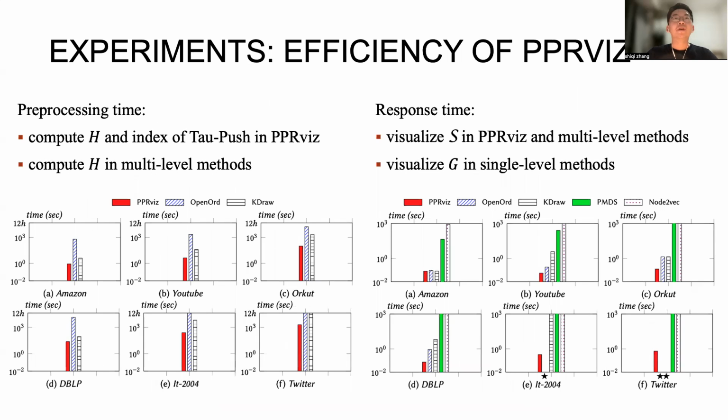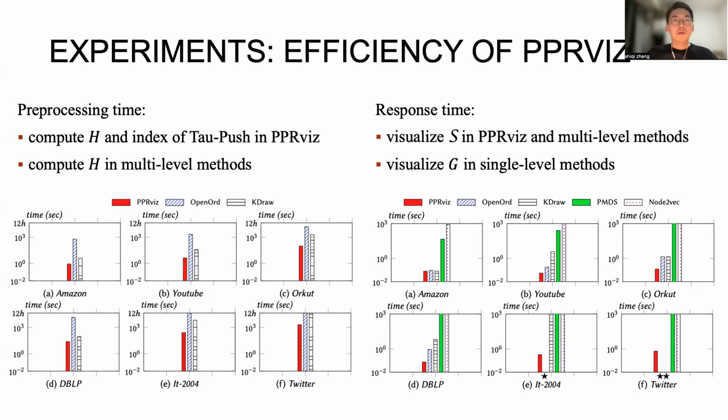To evaluate the efficiency of PPRVs, we first report the pre-processing time of PPRVs and multi-level competitors. As shown in the figure, we can find that the pre-processing time of PPRVs is within 20 minutes, even on the largest graph Twitter. In contrast, all competitors fail to return within 12 hours.